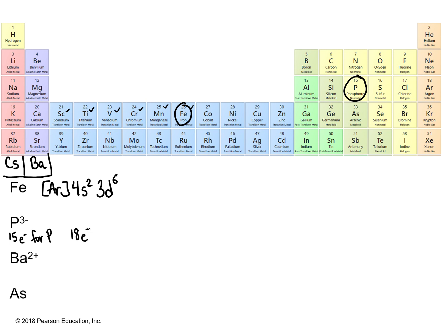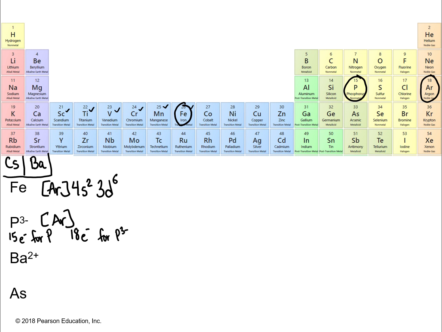But if we add on 3 electrons, which is what the 3 minus implies, now we've got 18 electrons. The other element that has 18 electrons is argon. So that's the configuration for the P3 minus. That's the phosphide ion.